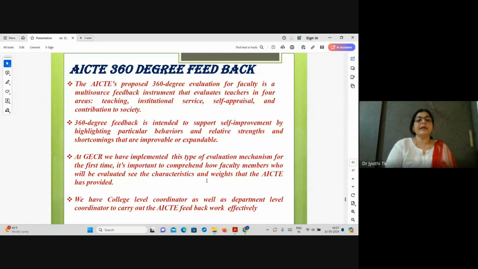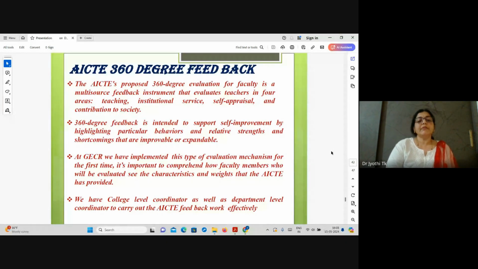We have implemented AICTE 360-degree feedback. The AICTE's proposed 360-degree evaluation for faculty is a multi-source feedback instrument that evaluates teachers in 4 areas: teaching, institutional service, self-appraisal, and contribution to the society. 360-degree feedback is intended to support self-improvement by highlighting particular behaviors and relative strengths and shortcomings that are improvable or expandable.